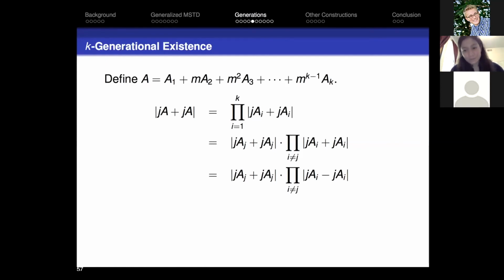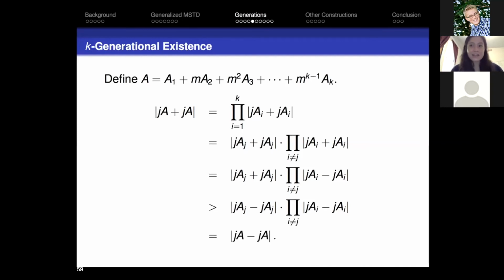We can replace JAI plus JAI with JAI minus JAI because of the properties of the specific sets that we chose. And then we're going to look at the left-hand side of this product, and we're also going to replace JAJ plus JAJ with JAJ minus JAJ and put in an inequality sign there. And again, that's because of the properties of the sets we chose.